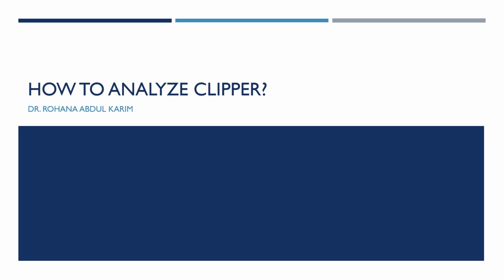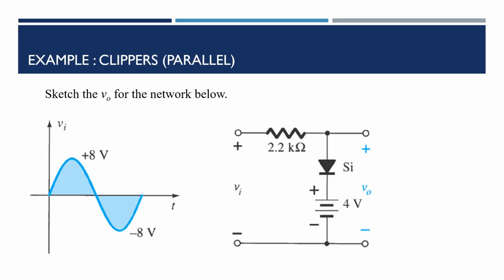I will discuss with you how to analyze a clipper. Now let's look at an example of a clipper in the case of the parallel circuit, and we're going to sketch the VR for the network.